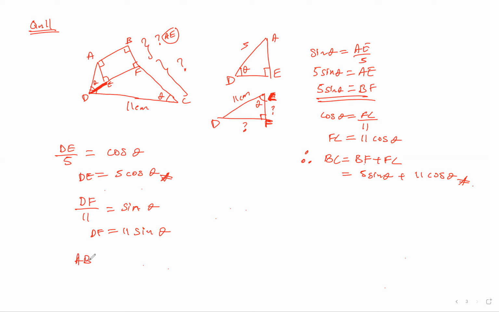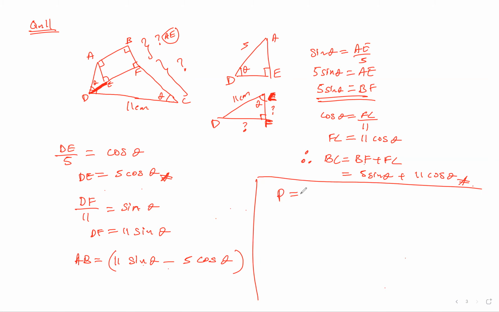So AB is equal to DF minus DE, which is 5 cos theta. Of course, what you want to find is perimeter, right? So perimeter is given as this is 5.